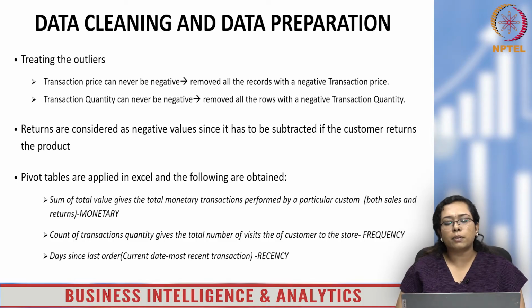But if you are not happy with the product, or if the product has come broken or something, then you will go and return the product, right? So in turn, you have made 0 monetary value there if you have returned the product. So what we have to do is assign negative values wherever the transaction type is return, so that in total it will come to the actual monetary purchase that the customer has made.